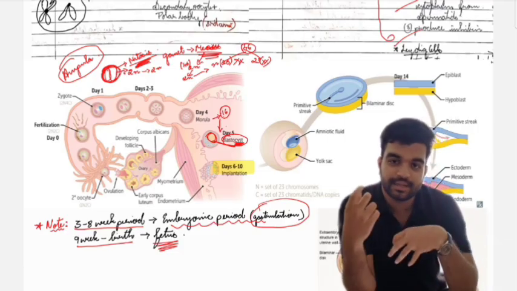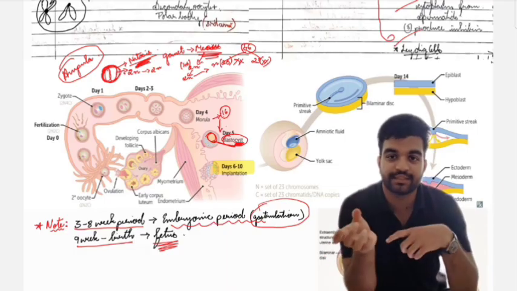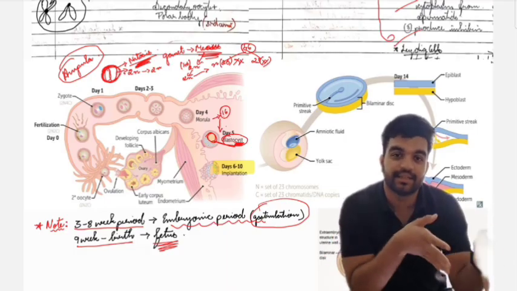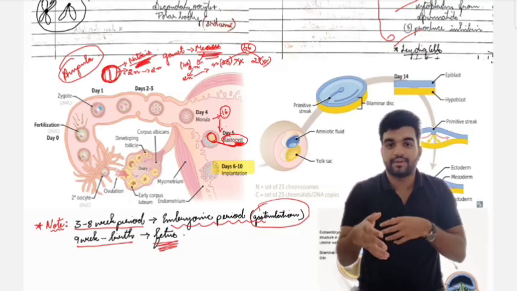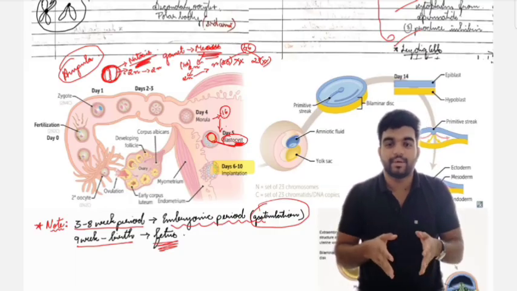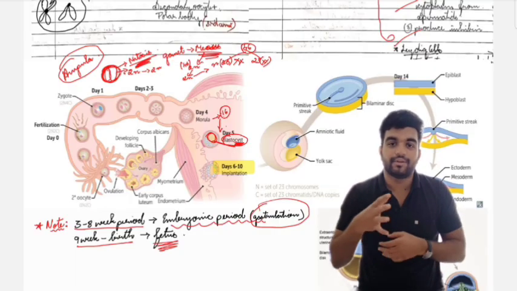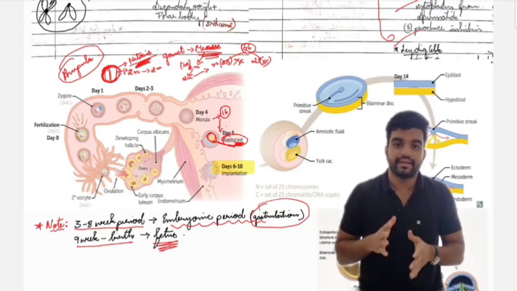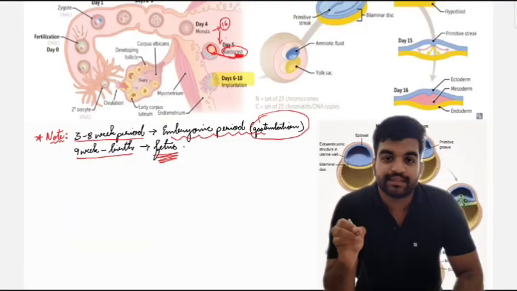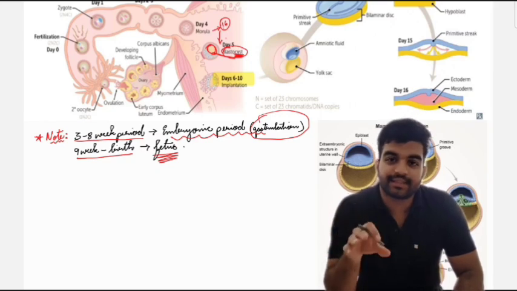Now the zygote has gone on to form blastocyst, which underwent implantation. From now on, we'll start discussing the further formation of an embryo or a zygote, which eventually forms a baby and which eventually forms a complete human being, which we'll be discussing further. So guys, moving on further, let us discuss now about the formation of embryo.